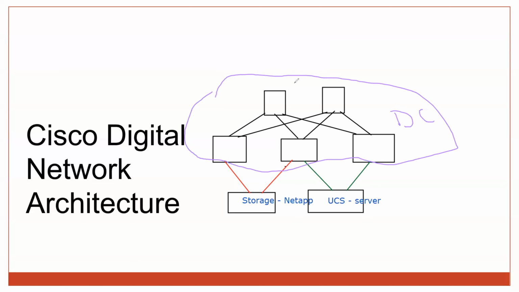So now with ACI, let's say our spine is the core, then this is the leaf. If we connect this leaf, we can use ACI to configure it automatically.